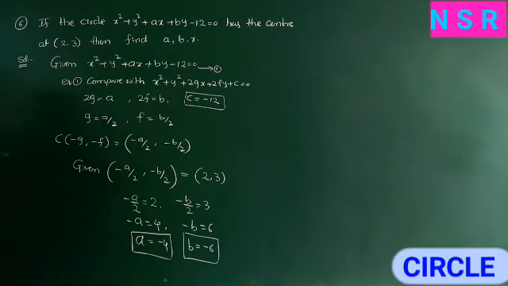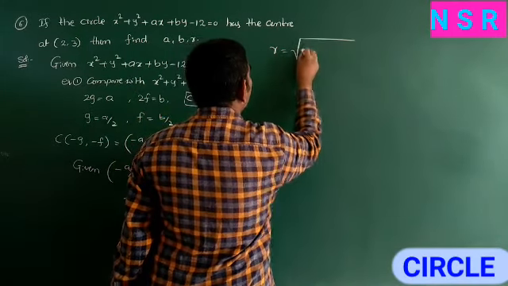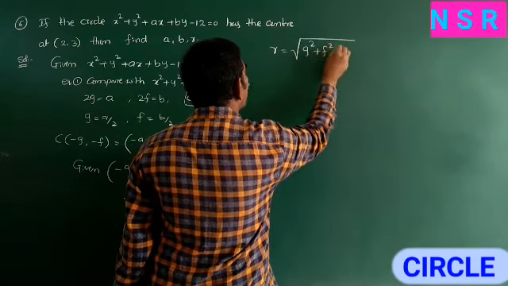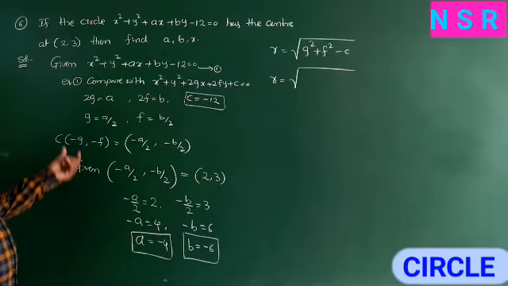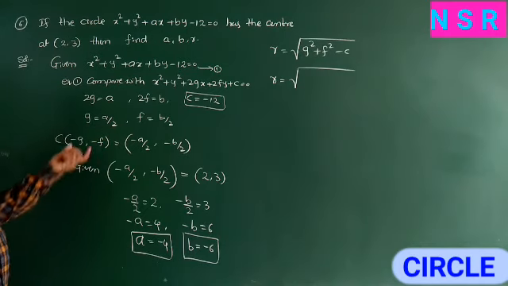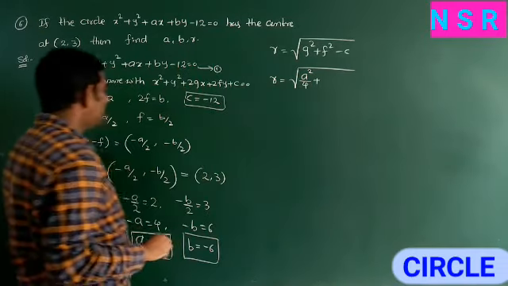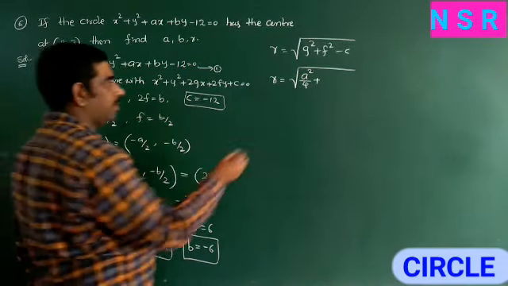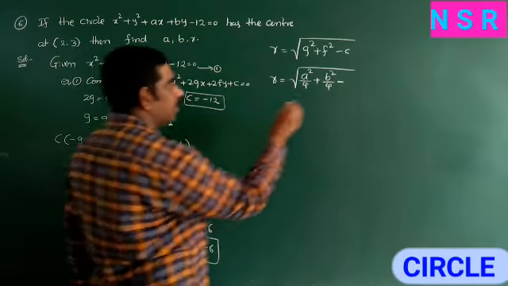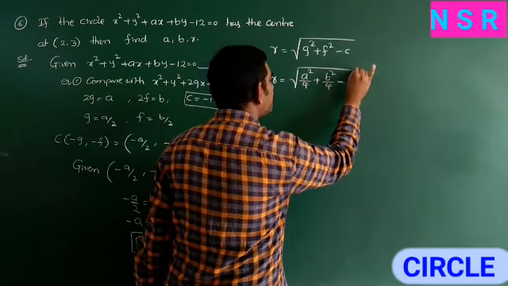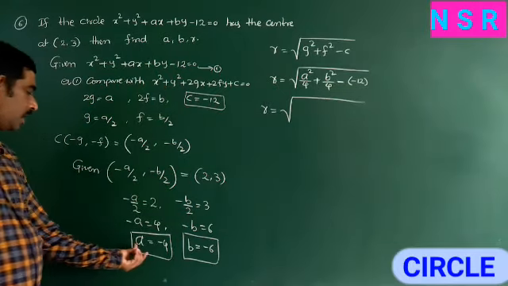Next find the radius. R means radius. We know the formula: r is equal to under root of g square plus f square minus c. What is the value of g here? a by 2. So g square is a square by 4, plus f square, where f is b by 2, so b square by 4, minus c, minus of minus 12. Now r is equal to square root of, what is the value of a? Minus 4.